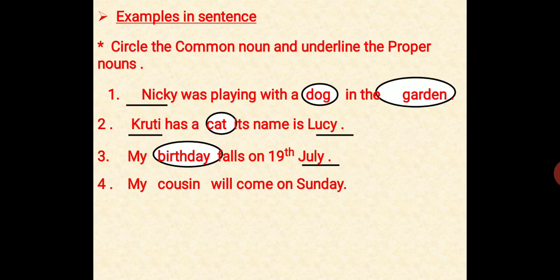The word cousin is used commonly, so it is a common noun, and Sunday is the name of a day, so is it a common noun or proper noun? Proper noun, right? So what can we do with cousin? It is a common noun, so we circle it.